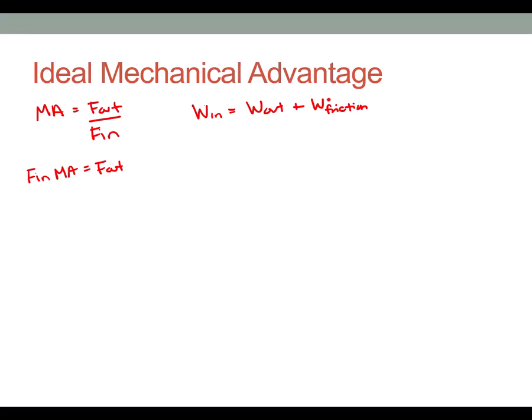Now we're looking at the ideal case, so this goes away. So that gives us that the force you put in, I forgot the subscript, times the distance that results from what you're doing. And remember, there's this cosine theta term that comes in for work. And that is the force out times the distance it moves out, and there's a cosine term there as well.